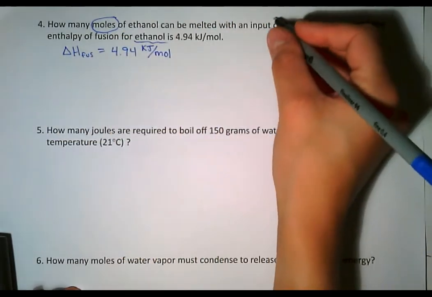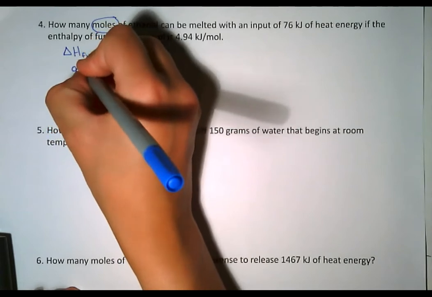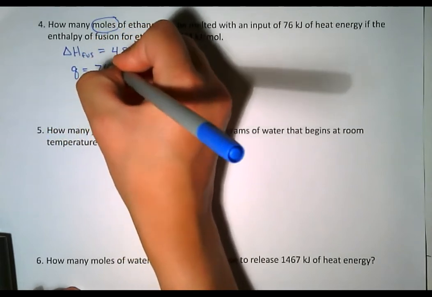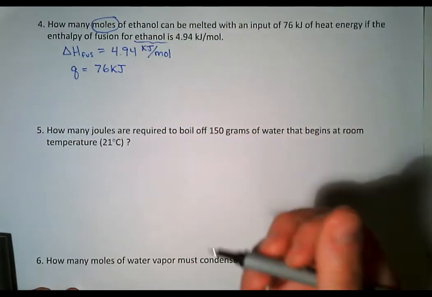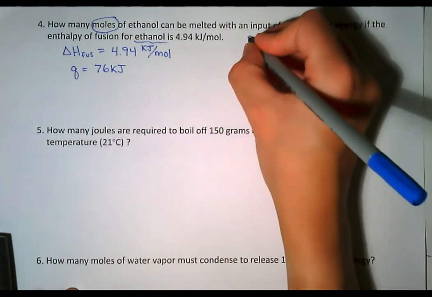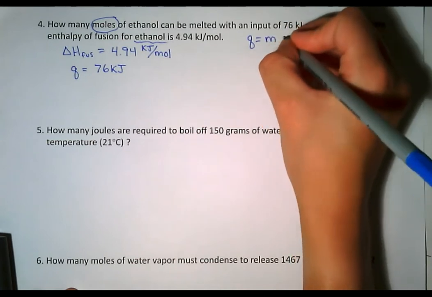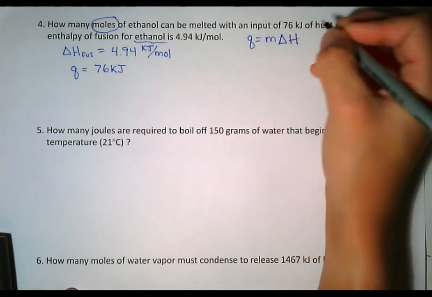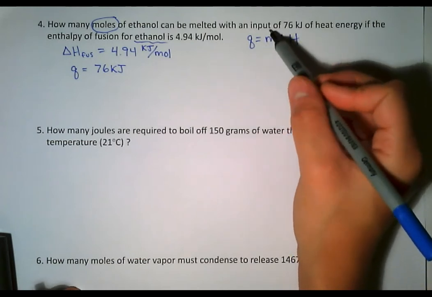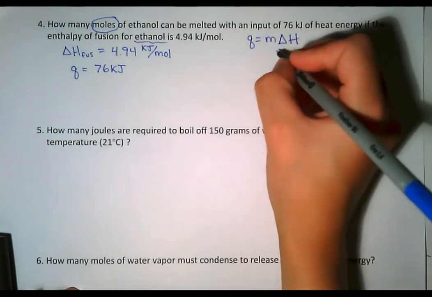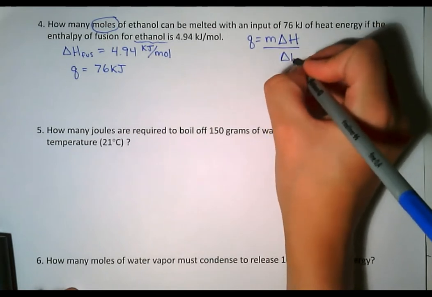And then it also gives us our value of Q. So it gives us 76 kilojoules. It doesn't give it to us in joules, it gives it to us in kilojoules. So the equation we've been using, Q equals M times delta H, we obviously need to rearrange so that we're solving for M in this case. So we're going to go ahead and do that. We'll divide by delta H on each side.